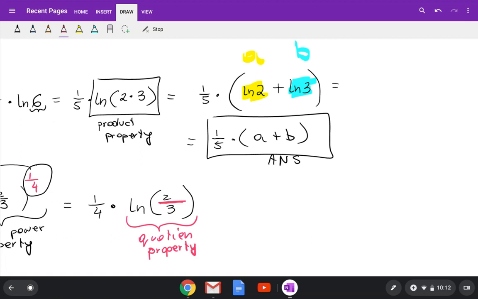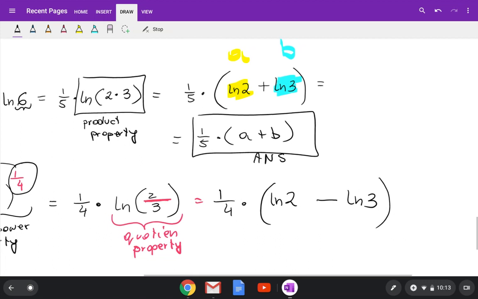The log of a quotient becomes the difference of logs, so we copy 1 over 4 times, and since I'm going to have a difference, I put that in parentheses: ln of 2 minus ln of 3.